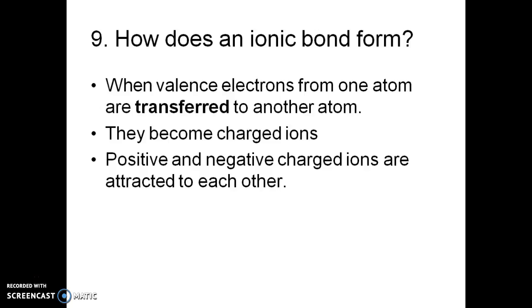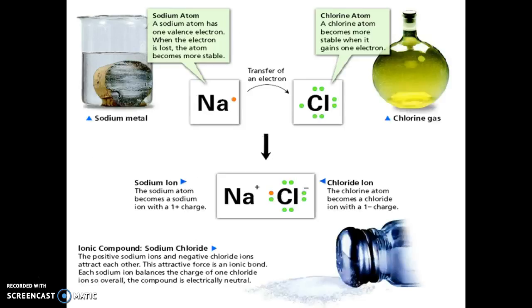The one that lost the electron becomes positively charged. The one that gained the electron becomes negatively charged. Now you have a positively charged particle and a negatively charged particle. We know that opposites attract, and therefore the positive and negative charged ions are attracted to each other and they form a bond.